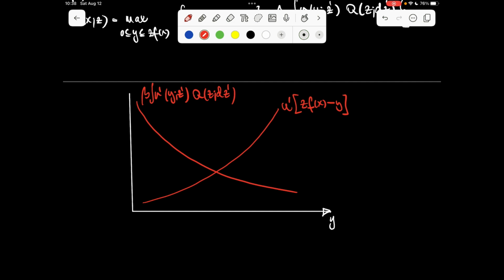Any change in x works in the same way as it worked previously.